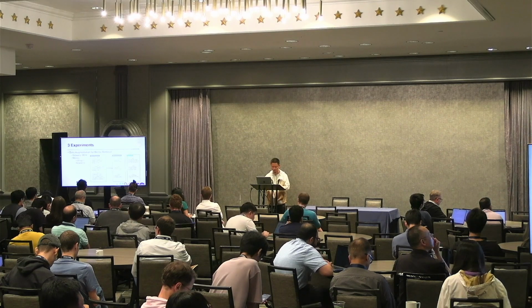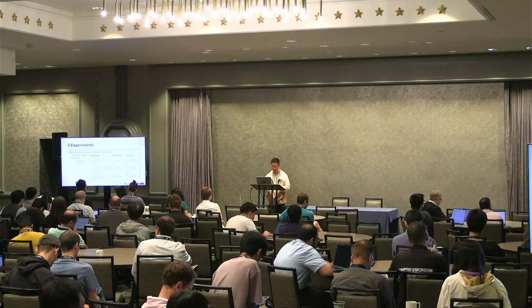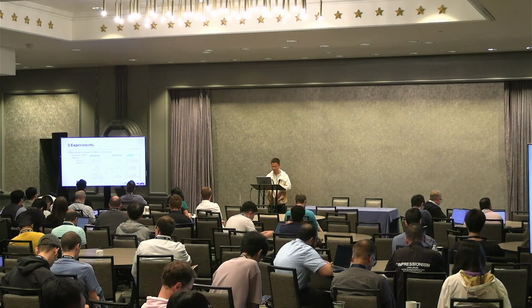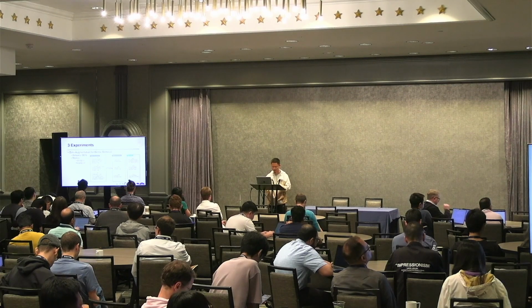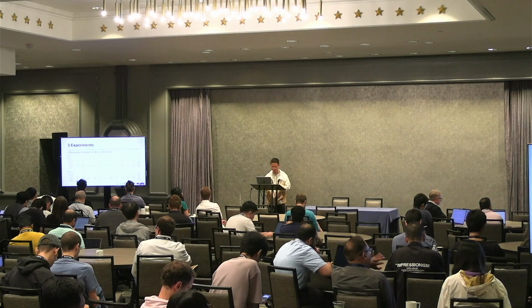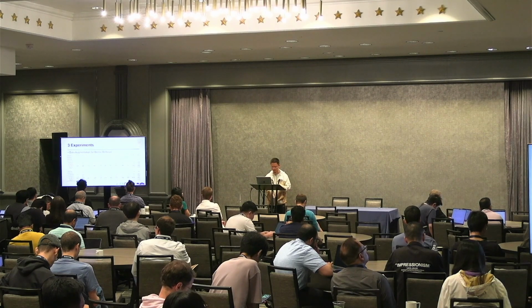We also evaluated RLCF in data augmentation for dense retrieval using the BEIR dataset. The metrics used are NDCG at 10 and recall at 100. Here are the results of data augmentation for dense retrieval.